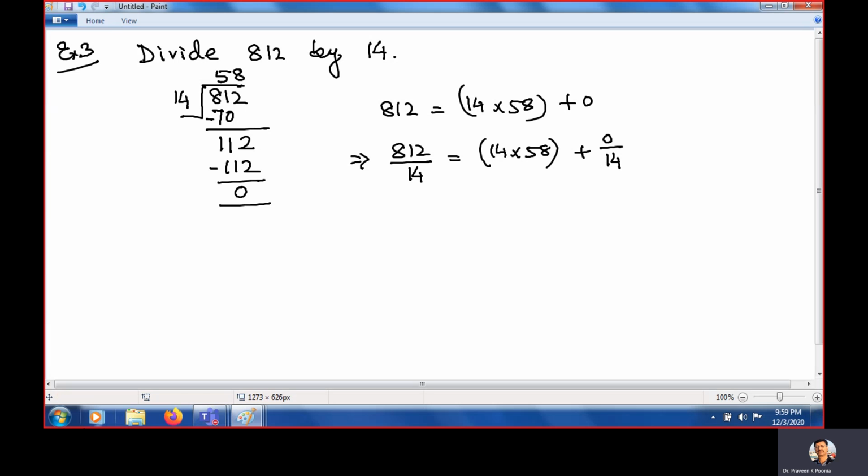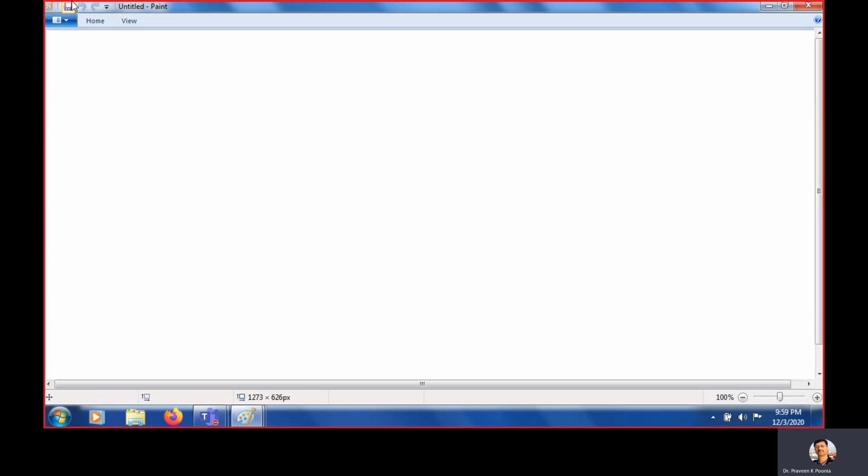Now we'll move to the actual topic. Actual topic means actual questions. You need to learn this because this will be in the exam. Example number 1. Divide x square minus 2x minus 15 by x minus 3.